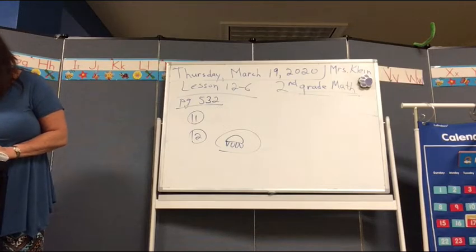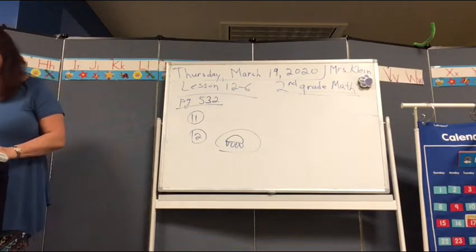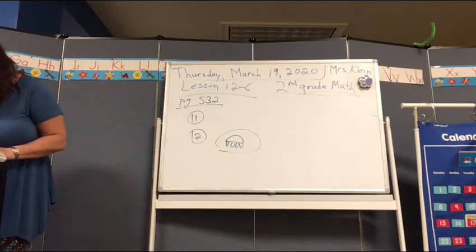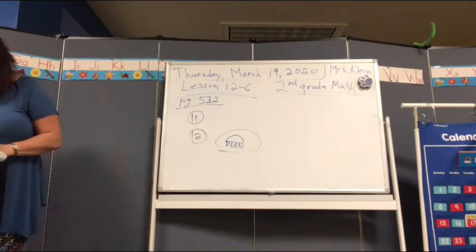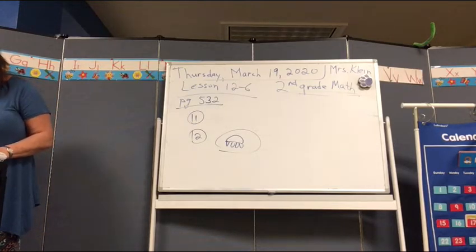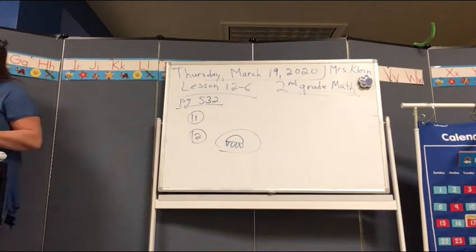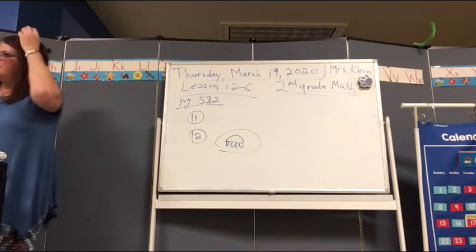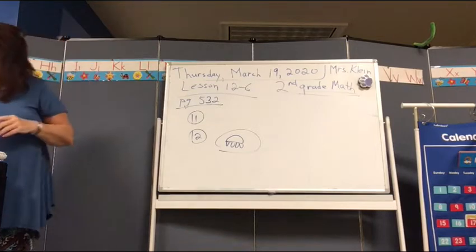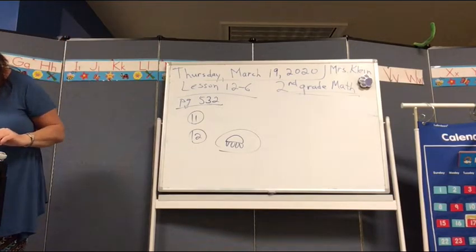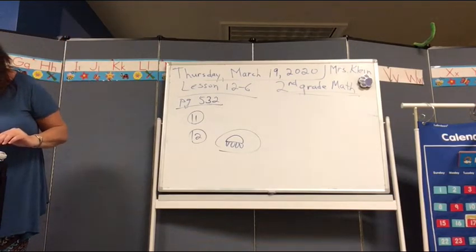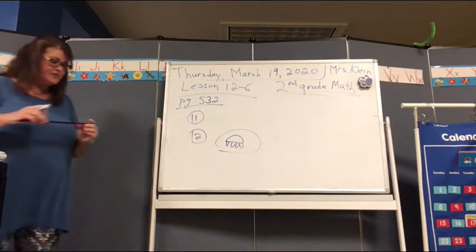13, each side of a place value cube is 1 centimeter long. Use a place value cube to draw a 5 centimeter ruler. So, if you have a centimeter cube, I don't think we have them in here anymore. Each side is 1 centimeter. So, use the cube to draw a 5 centimeter ruler.